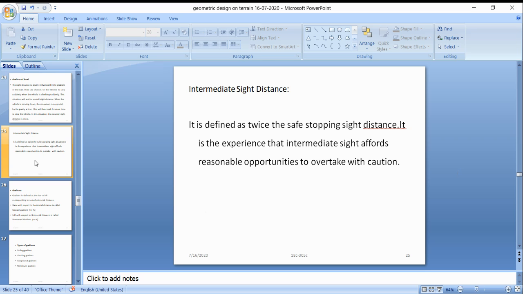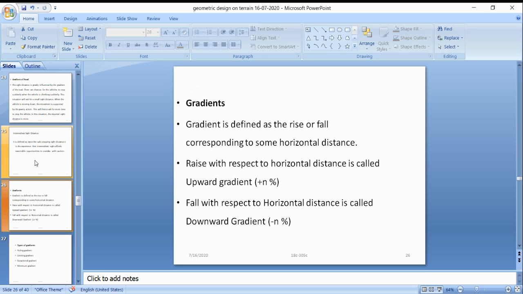Next comes gradients. In that we have seen gradient is nothing but the rise or fall corresponding to some horizontal distance. That is called a gradient. An upward gradient is considered as plus n percentage, and a downward gradient is negative.